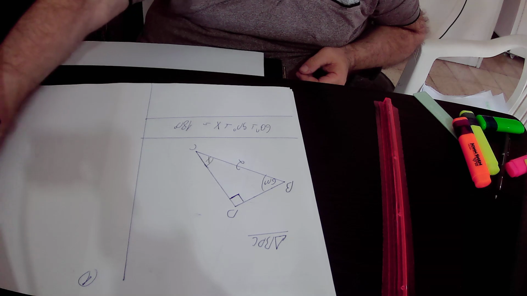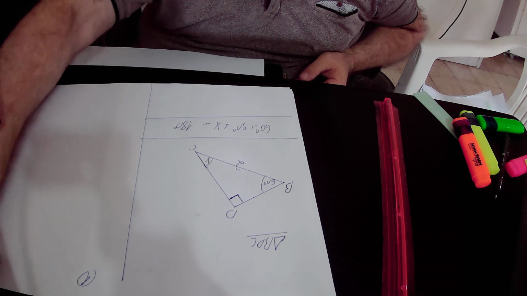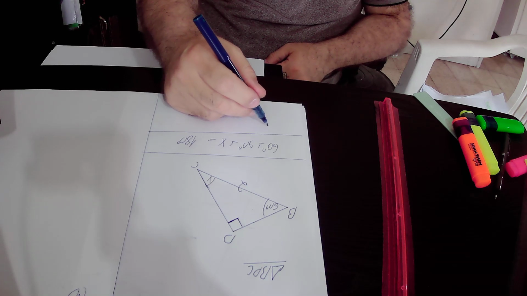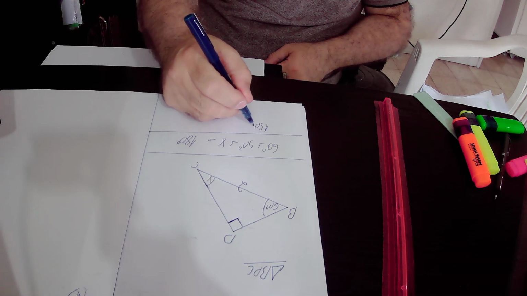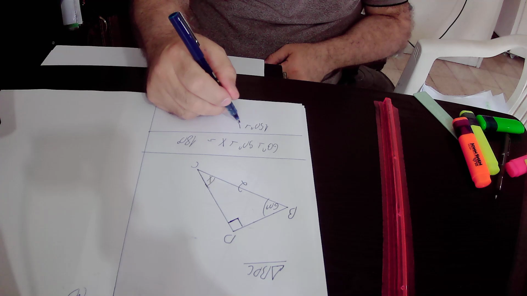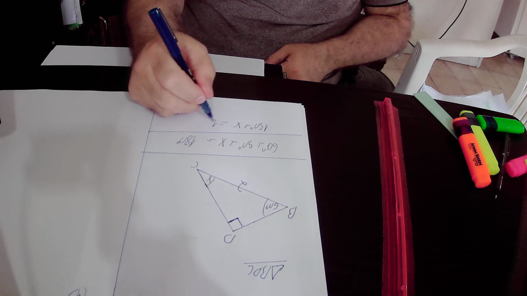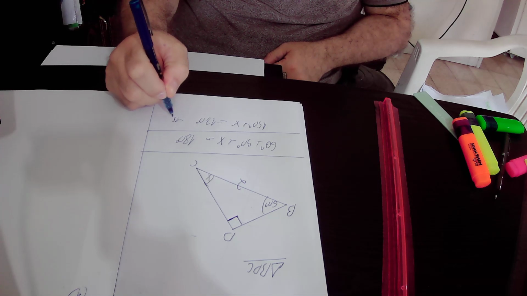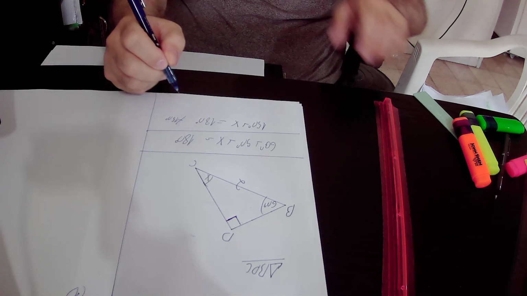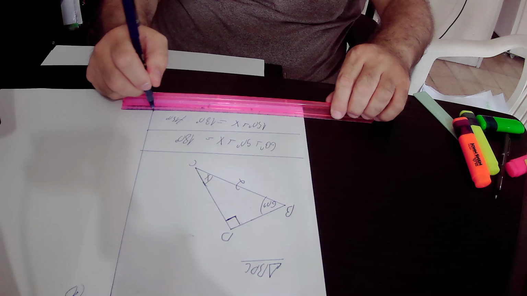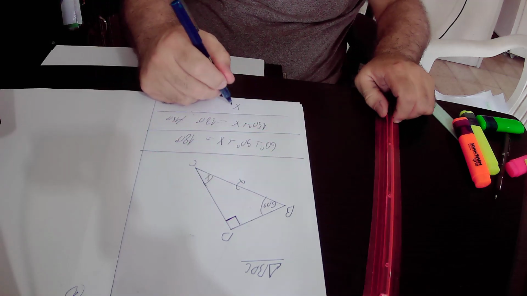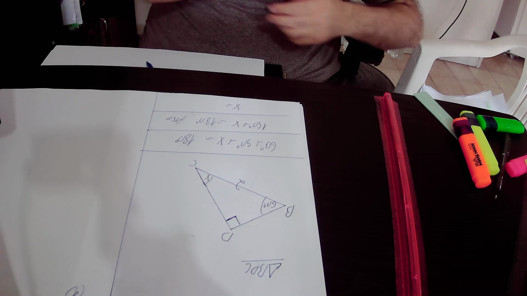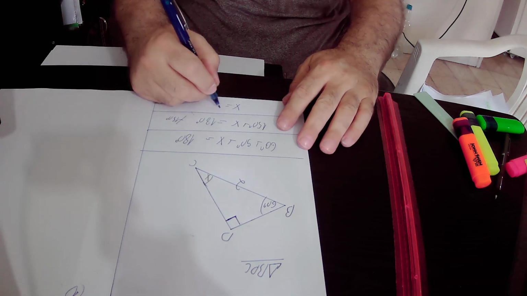So here 90 degrees plus 60 degrees is 150 degrees, plus X equals 180 degrees. Here we subtract 150 degrees from this equation and we get that the missing angle, angle X, equals 180 degrees minus 150 degrees, which is equal to 30 degrees.